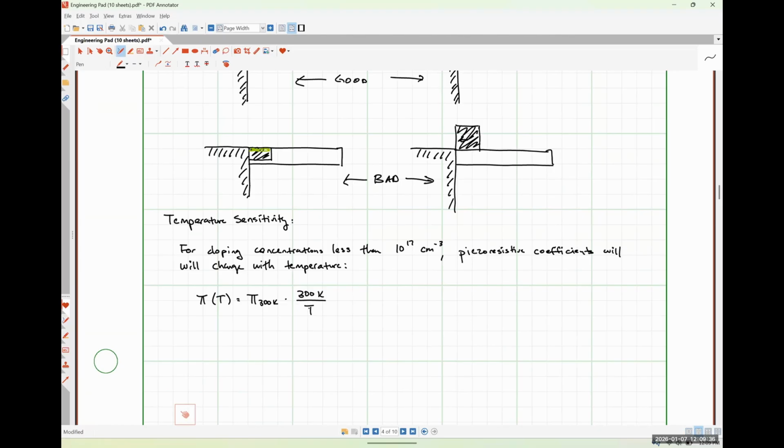So the hotter our system operates at, the lower our piezo-resistive coefficient is going to be. So this kind of limits the environments in which we can use piezo-resistive sensing to accurately measure things. Okay. I did the math here, but I don't know that we have time to actually go through it.